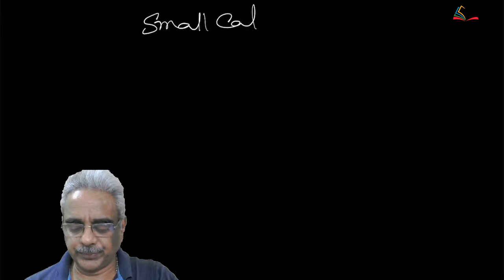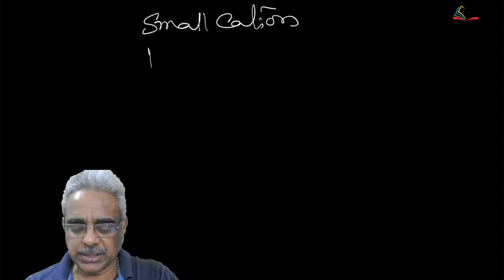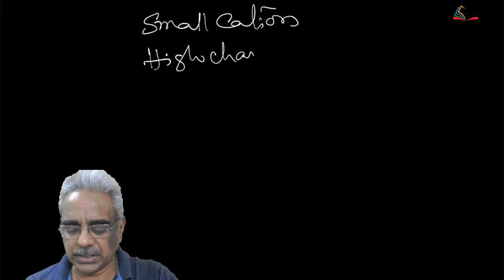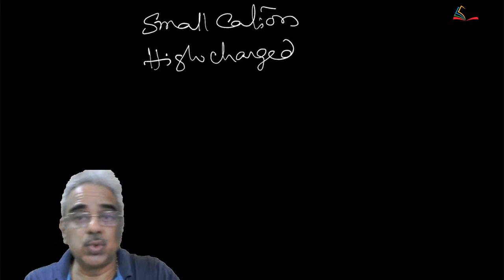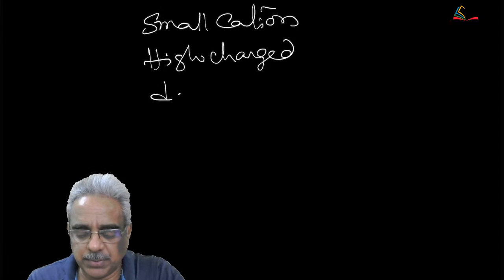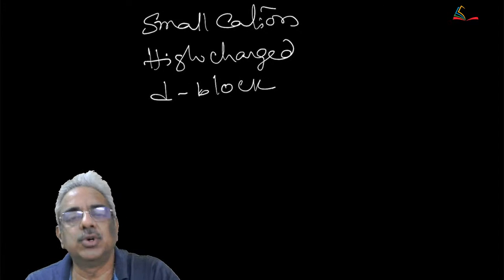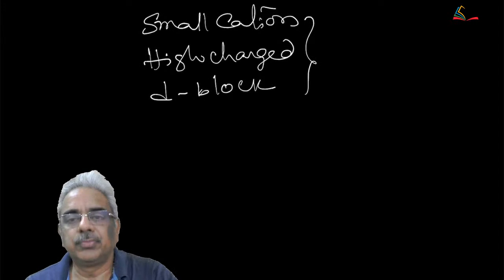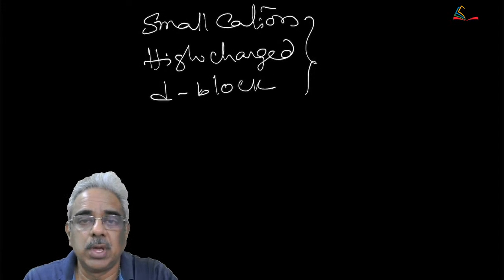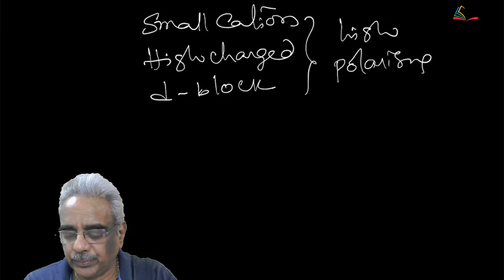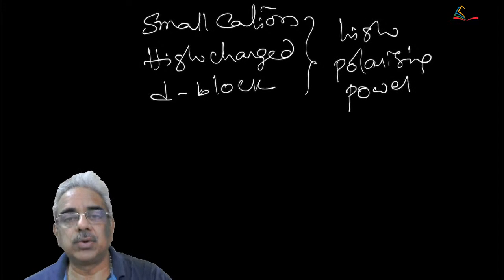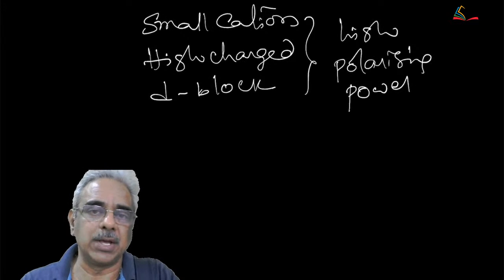There we had Fajan's rules also thoroughly discussed: small cation, high charged cation, I am just reminding, and the pseudo inert gas cation, or you can say d-block cations, because the nucleus is more exposed, and these cations are highly polarizing. They have high polarizing power. So they try to drift the electron density from the nearby anions.